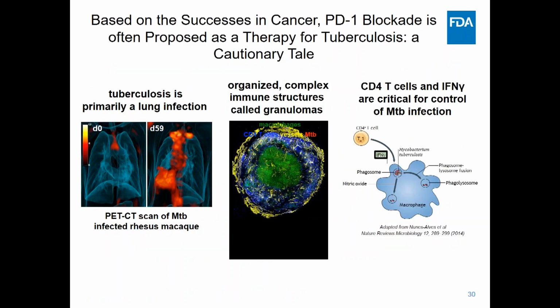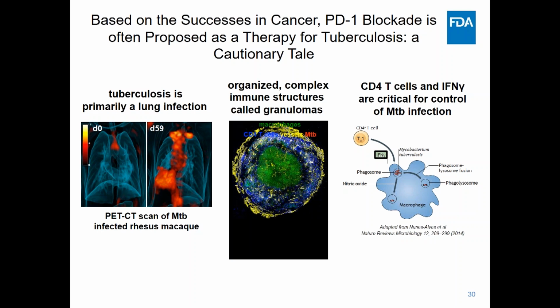So, getting back to cancer and infectious diseases, based on the enormous success in cancer, PD-1 blockade is often proposed as a therapy for TB. And here's a cautionary tale. A TB lesion, a granuloma, looks a whole lot like a tumor, with the TB in the center of suppressive macrophages, and surrounded by T cells, which can't seem to penetrate very well.